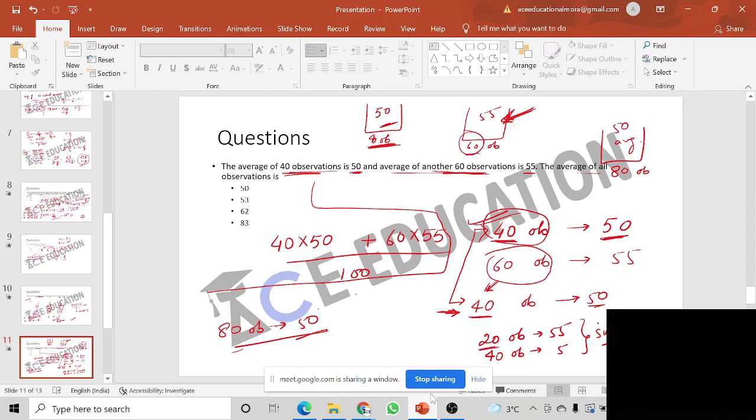So I'm left with 20 with 55 each, and the initial 40 that I gave, I just gave 50. So I am left with 5 of those. Correct? So my total surplus becomes, this is 200, and this becomes 1100.